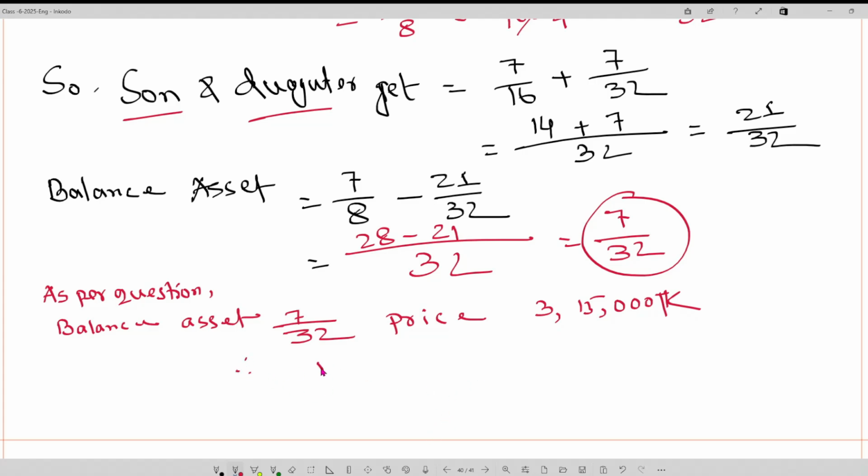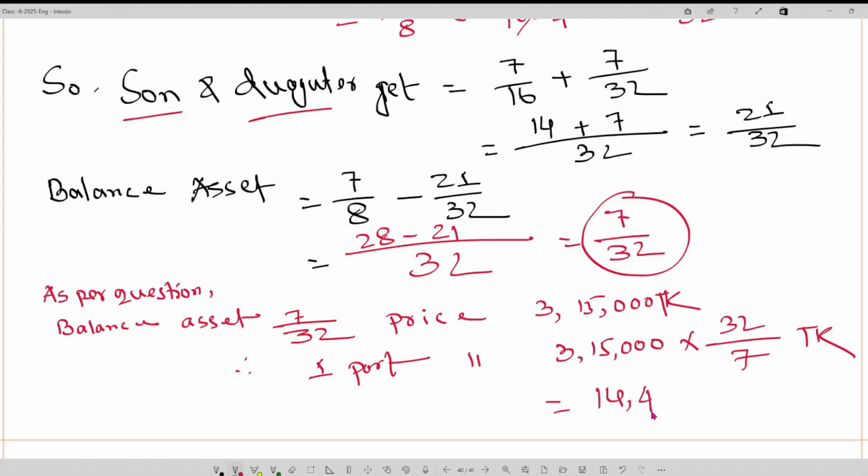So one part, it means the whole price, is 3,15,000 times this 32 as numerator and 7 as denominator. Once we make the calculation, our answer will be 14,40,000 taka. Okay, I hope you are clear on this one.